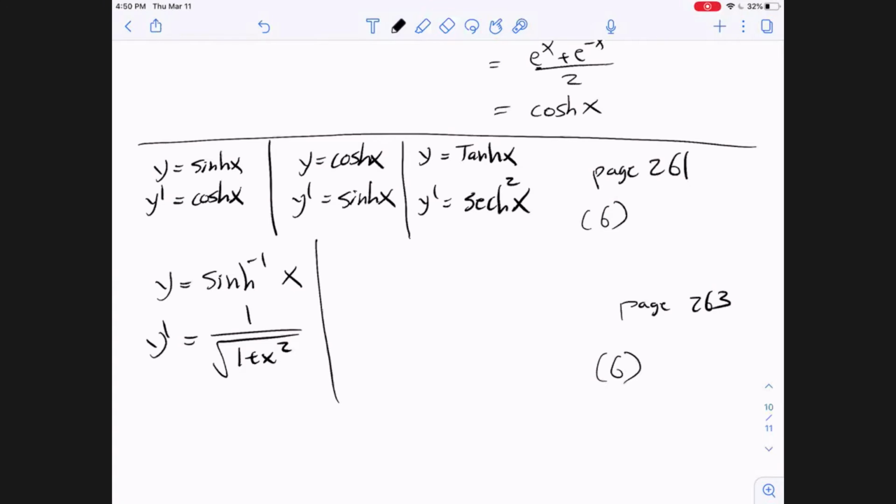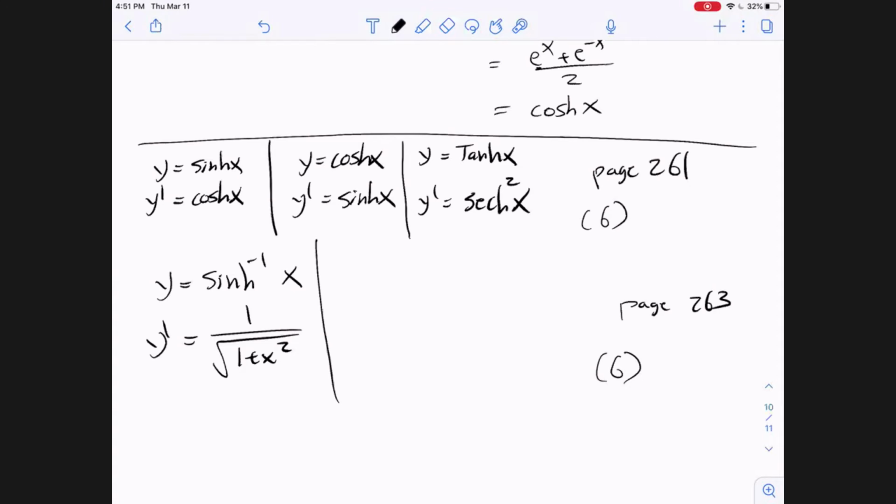I wouldn't make you memorize that even if we were taking a test in person. What I do want you to memorize, if you're going to spend time memorizing, is the derivatives of the 6 trig functions, the ones based off the unit circle, and the 6 inverse trig functions. You don't need to memorize the derivatives of these. But when you're doing problems, go to page 261 and 263 to see what the derivatives are.